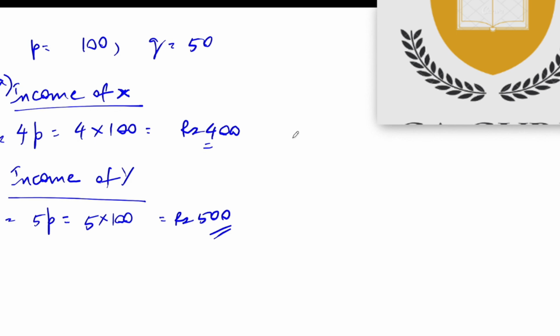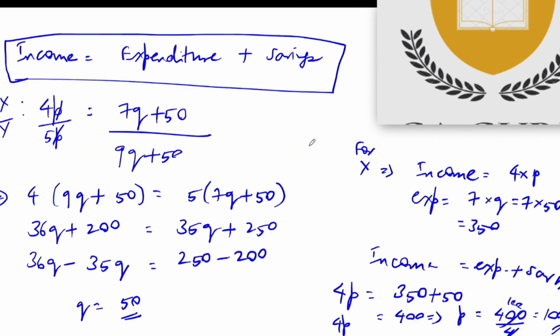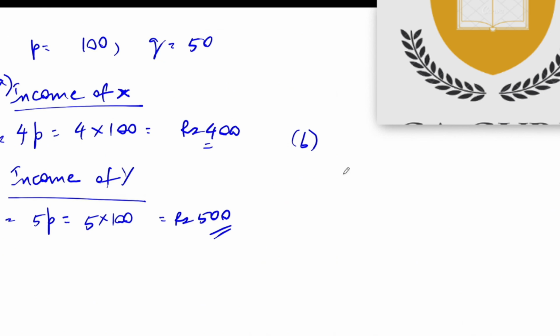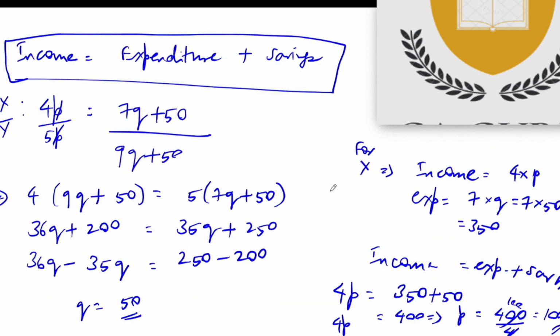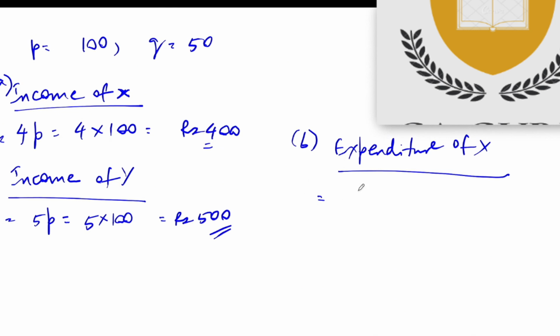The second thing that is asked is expenditure of X and Y. Expenditure of X is 7 is to 9, so 7Q, which is 7 into 50, which is rupees 350.